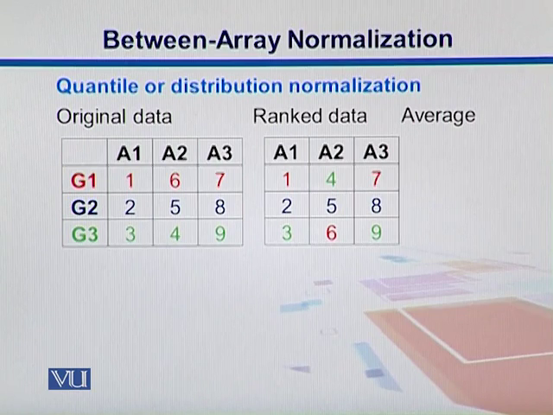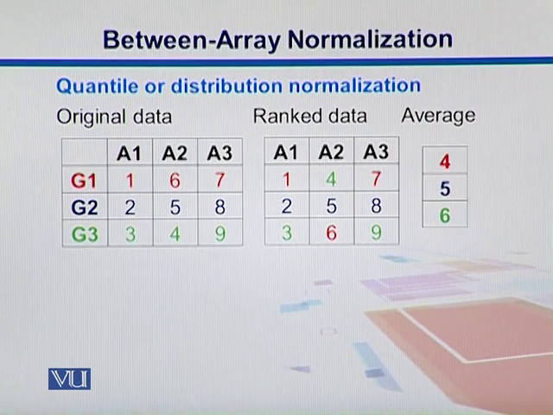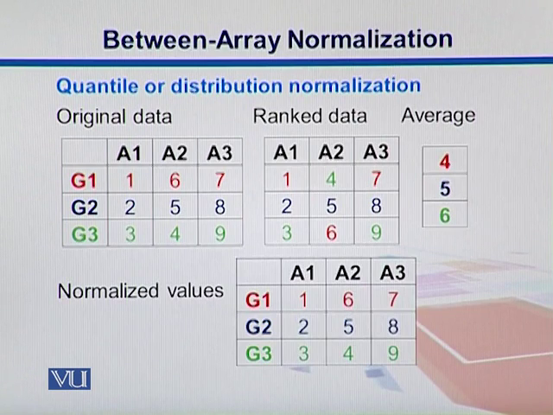We order them: 1, 2, 3 goes in A1, 4, 5, 6 in the next, and then we have 7, 8 and 9. When we take the averages for each row, for the top row the average is 4, and then 5 and then 6. We use these averages and correct every number with them, and finally the normalized numbers look like this.